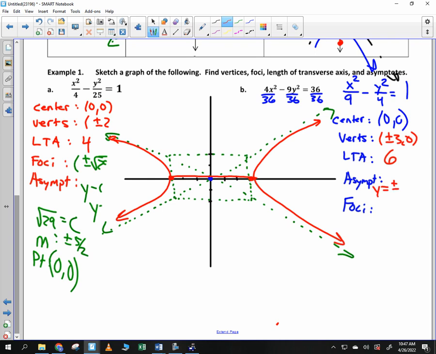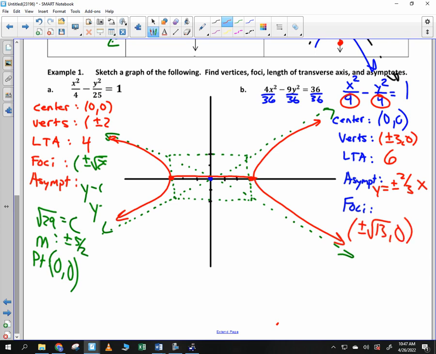I've got a rise of 2, I've got a run of 3, and x. Y equals positive or negative 2/3 x. The foci, I do a squared plus b squared. So 9 plus 4 is 13, so square root of 13. So you should have plus or minus the root of 13 and 0.